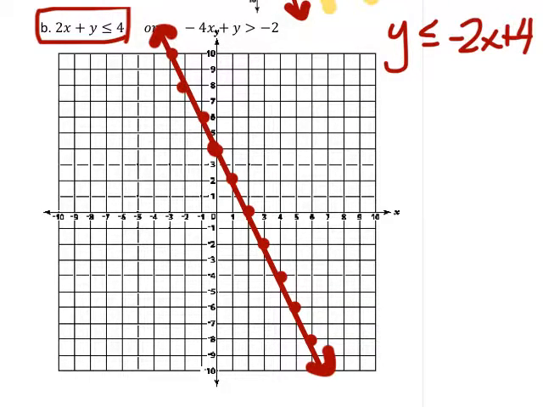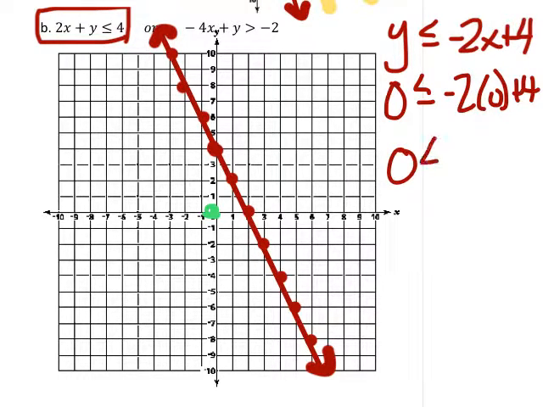And the next thing I'm going to do is just test out the point 0, 0. So the point 0, 0 is right here. And to test it out, I'm just going to replace y with 0. Is this less than or equal to -2 times 0 plus 4? This is going to end up being 0 is less than or equal to a positive 4, which is true.